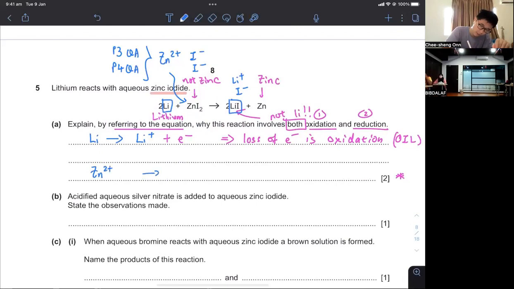Zn2 plus becomes Zn, cation to metal. So you have to gain electrons. When I gain electrons, I put electrons on the left. Positive charge cation gains electrons. And this is no charge, so plus 2 must gain 2 electrons. So that is gain of electrons, which is your reduction. Reduction is gain of electrons.